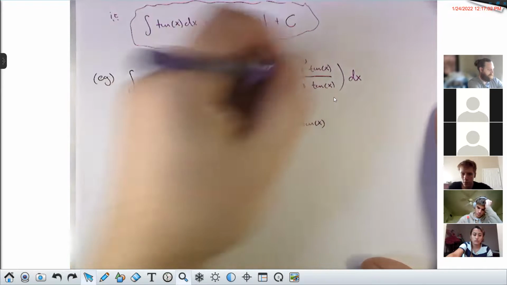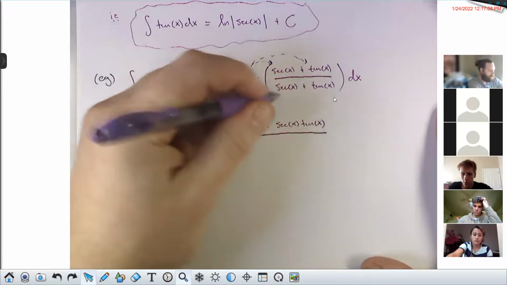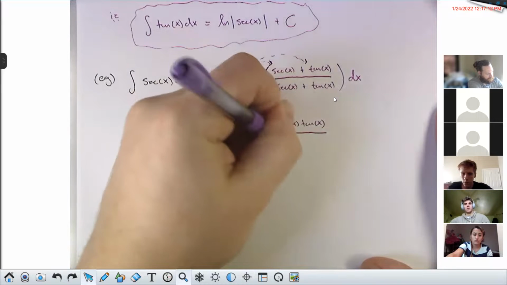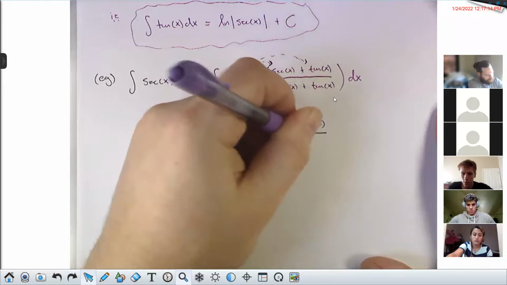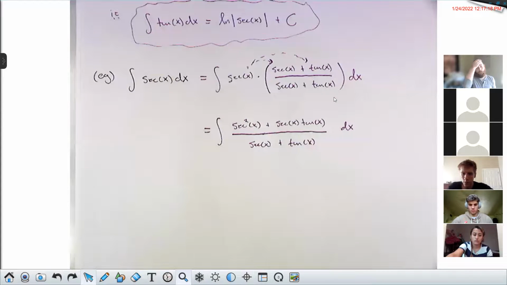And then my downstairs is the same, just what it was: secant x plus tangent x, dx.